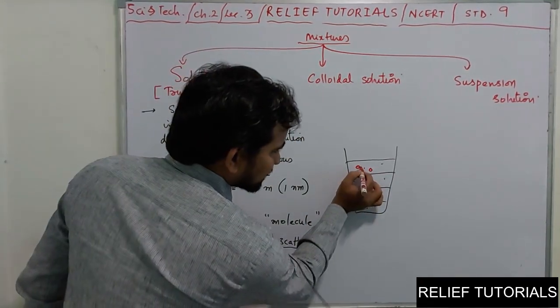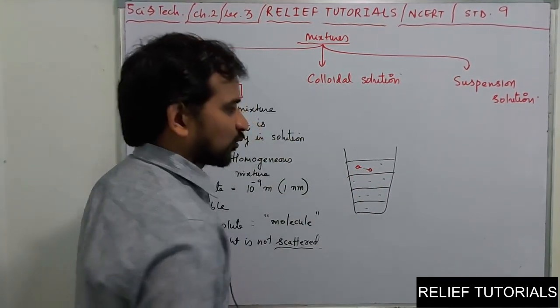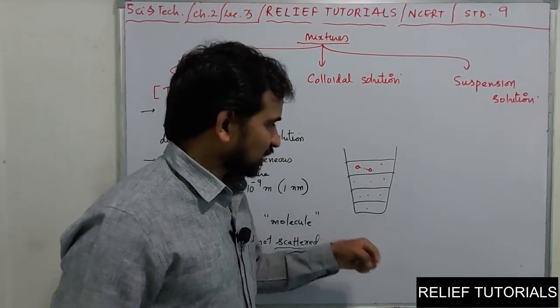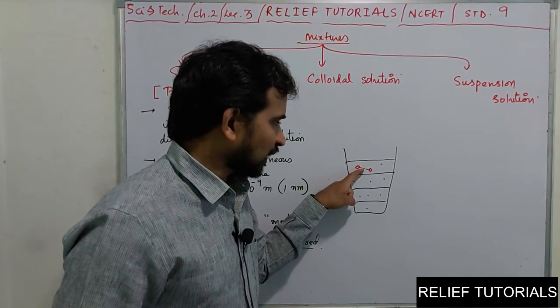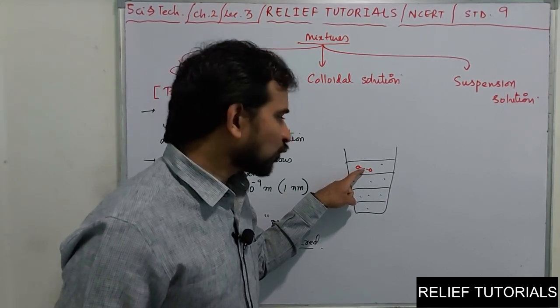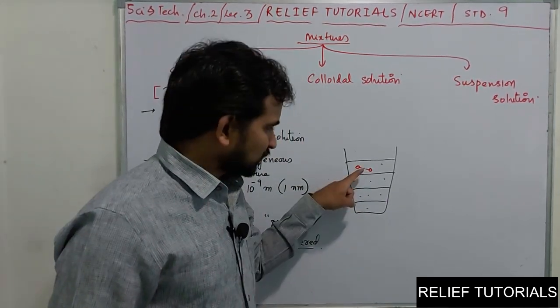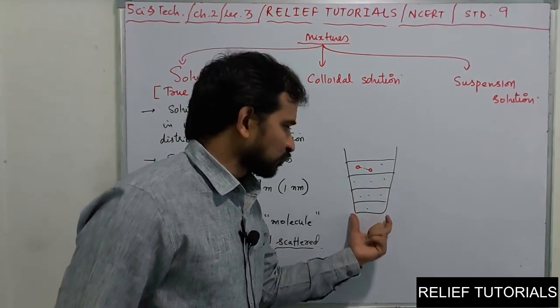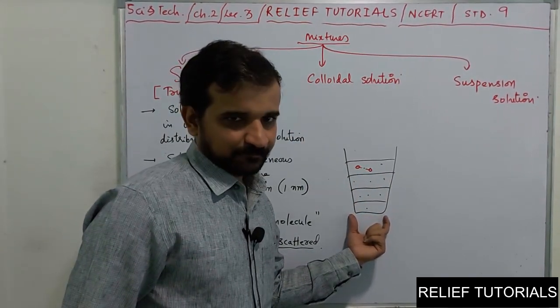So water molecules have a force of attraction with the salt molecules. So these water molecules present around the salt molecules are not allowing salt molecules to go down. So these molecules of salt, the solute, are not going to settle at the bottom.